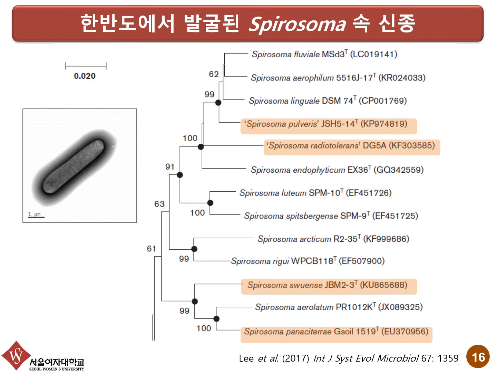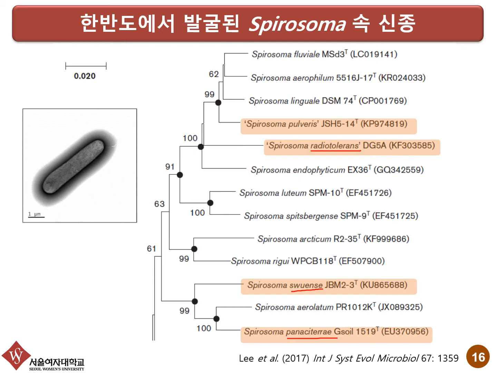And this is the phylogenetic tree which shows the gamma radiation resistant Spirosoma. Spirosoma pulveris, radiotolerans, swuensis and panaciterrae were all isolated and reported from our laboratory. This is very interesting to see.